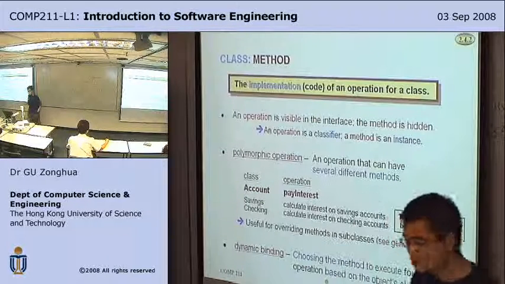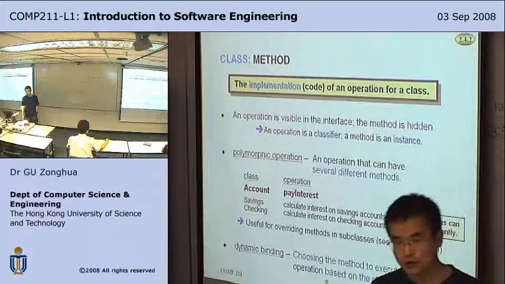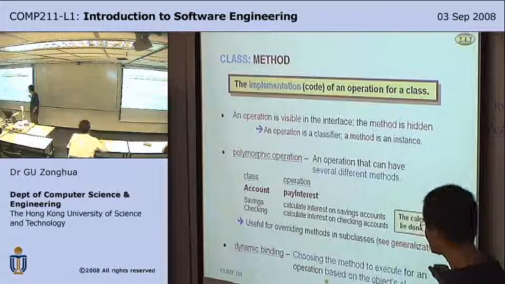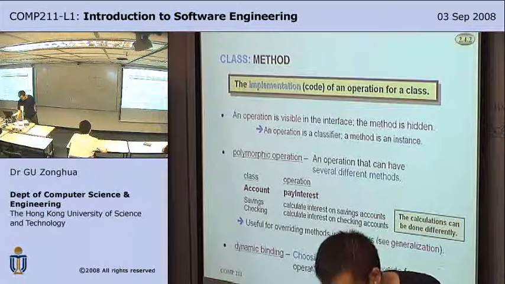It's called dynamic binding because you can't know it at compile time. You can only know which method is invoked at runtime. It's dynamic.